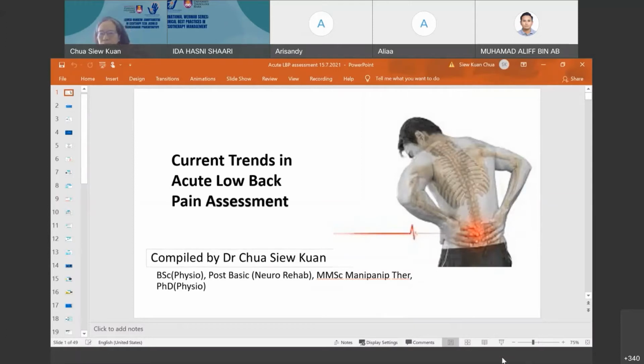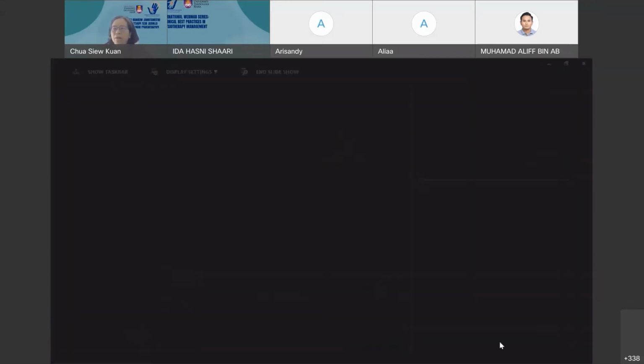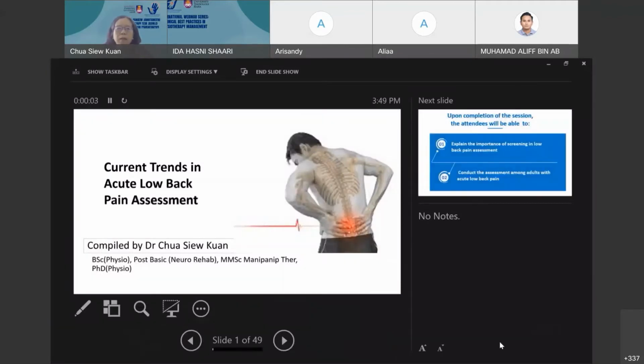Is the sound okay? Yes, I can hear you loud and clear. But we can see the speaker notes on your 2 screens.